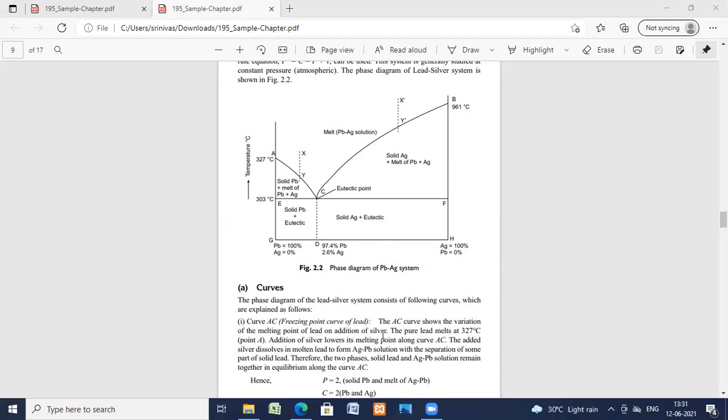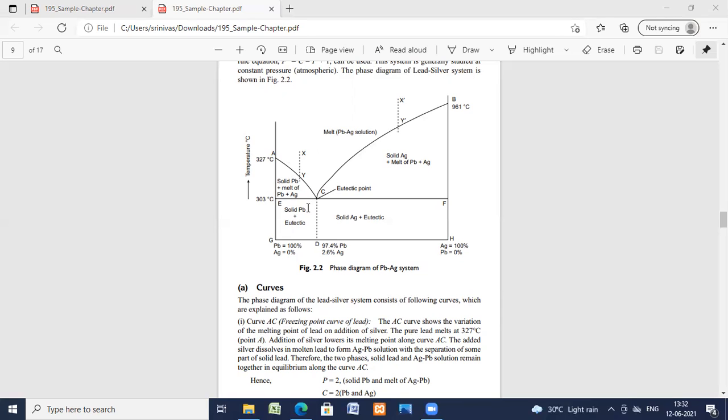Again, in this AC curve, the melting point of the lead on addition of the silver. So pure lead melts at 327 degrees centigrade. That is point A. So addition of silver, you keep on adding silver, it lowers the melting point along the curve AC.